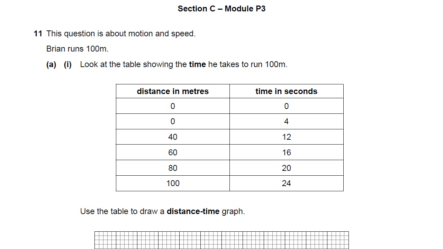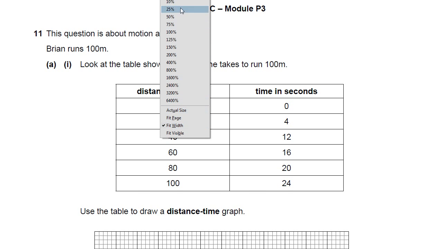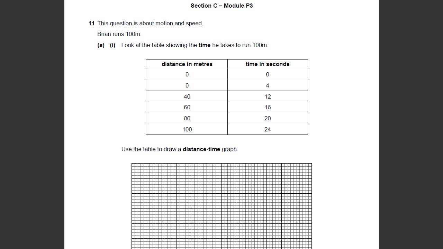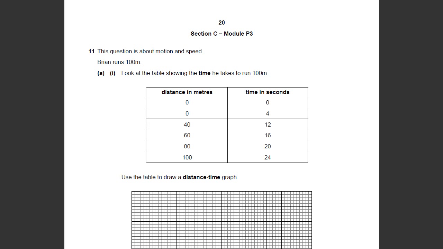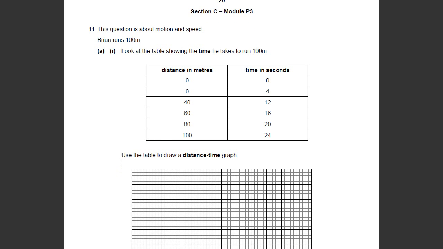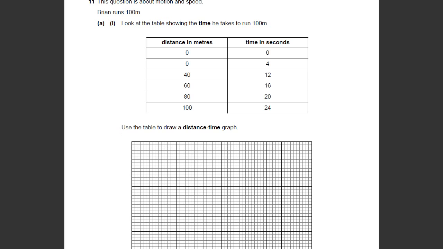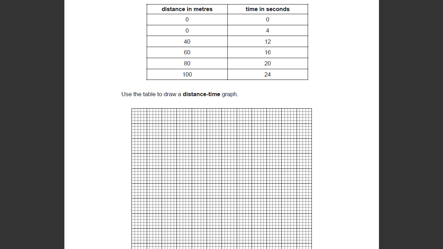To do this myself, I'm going to have to actually zoom out slightly, so there's 100% there. Oops, too far. Okay. When you plot a graph, I suggest you always just have a little think first about your axes. My axes are going to go from 0 to 24, so how can I fit that on? That's got to be the x-axis, by the way, in this case, time, and that's got to be the y.